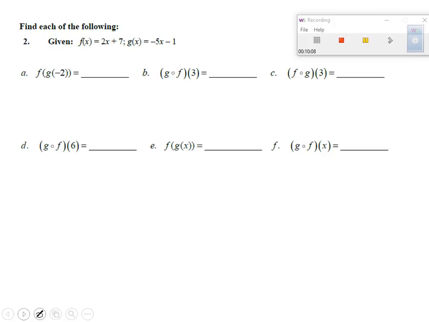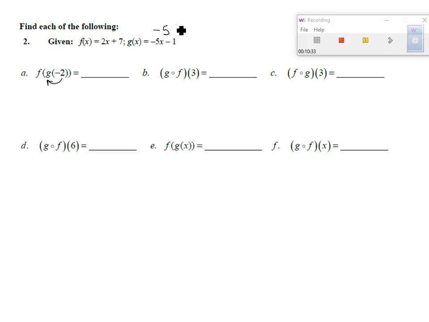So it says, let's find f of g of negative 2. Since I'm plugging in a number, I'm going to get a number. So it says, take negative 2, go plug it in to the function of g. So I'm going to plug a negative 2 right here.